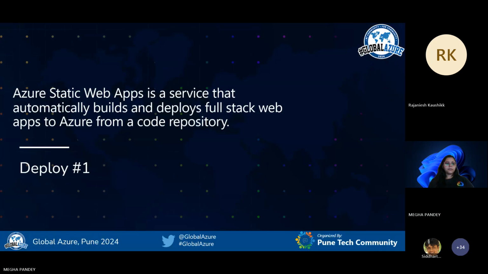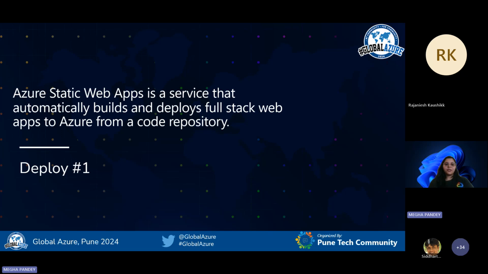First of all, a simple explanation of Azure Static Web Apps is that it is a service that will automatically create a full stack web app for you from the code repository, which is in your GitHub or maybe in your Azure DevOps project. There are basically two things we have to be aware of: the first is deploy, and the second is manage, and the third is how your workflow is going, which is very much optional.